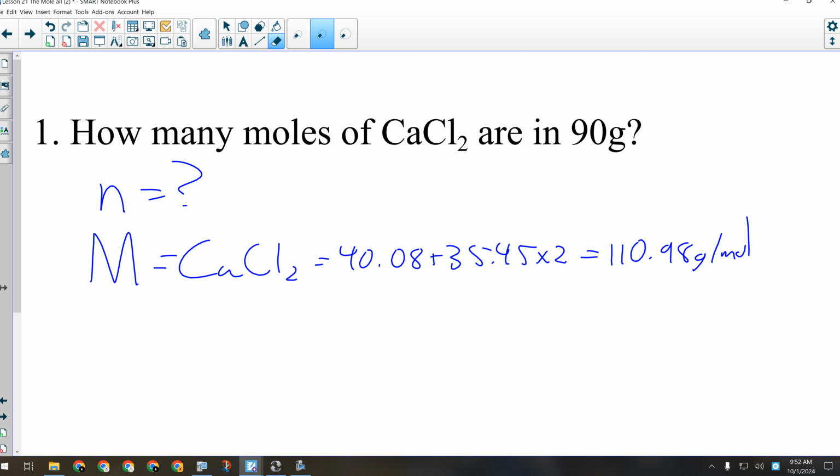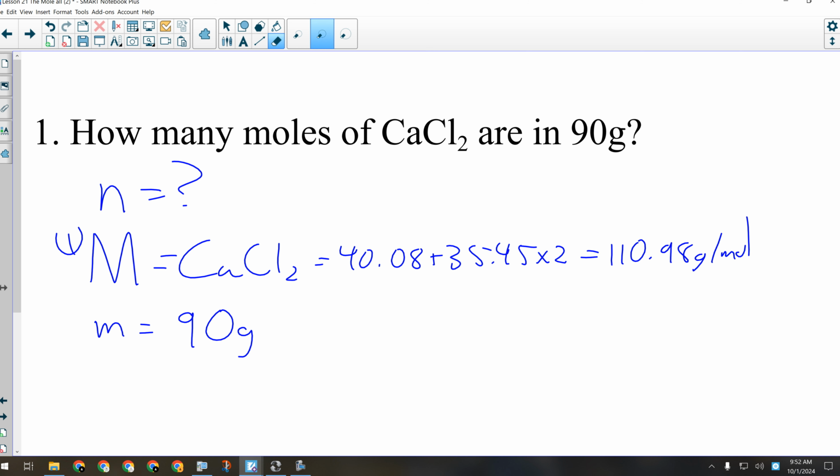Okay, now I've got my molar mass, and what's the other thing they told me? 90 grams, which is what part of the mole equation? Small m, right. You would get 1 mark for that. Calculating your molar mass and writing down your givens is 1 mark.